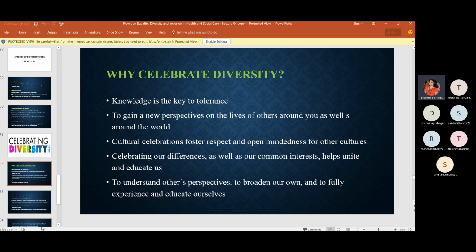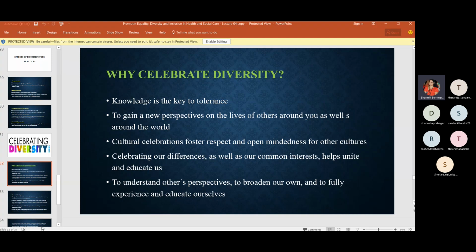Celebrating our differences as well as our common interests helps unite and educate us. Yes. Although we use diversity for discrimination, once you understand the correct form of diversity through proper education, it educates the different kinds of people. So proper education regarding diversity will educate the people.